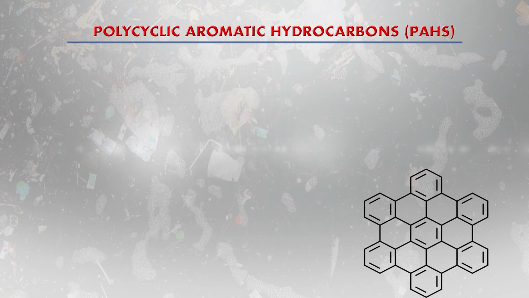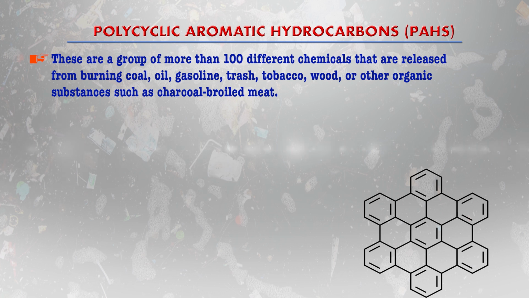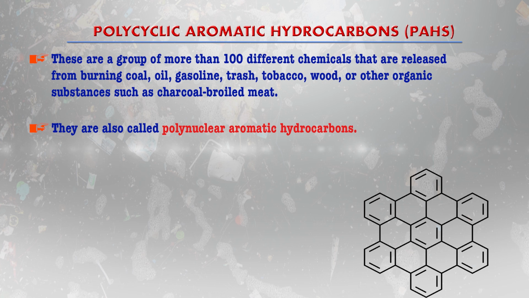Then another category is polyaromatic hydrocarbons, which are abbreviated as PAH. Now, there is a group of more than 100 chemicals which are released into the environment, such as by burning of coal, oil, gasoline, then tobacco, wood burning and other organic substances such as charcoal, broiled meat. So, all these substances, when they burn, release the hydrocarbons which are known as polycyclic aromatic hydrocarbons, or these are also known as polynuclear aromatic hydrocarbons.